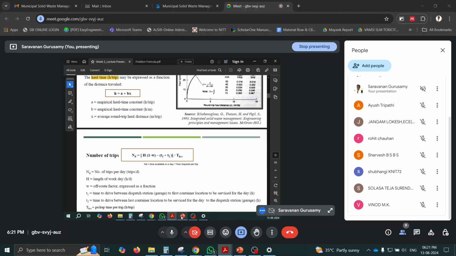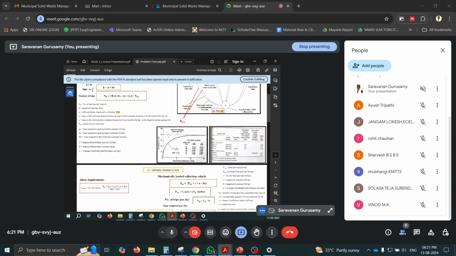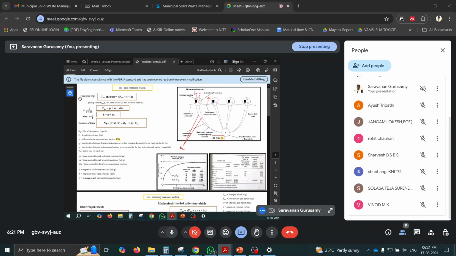Okay, so this all was given in one sheet, that is here you can see Hall container system. Time per trip will be P plus S plus H. Then P again we can calculate by pickup, unload, and DBC. DBC is again in terms of A plus BX we can say, because this is also we have to travel from one location to another. That is another constant. A and B are another constants, and X is the distance between the locations.